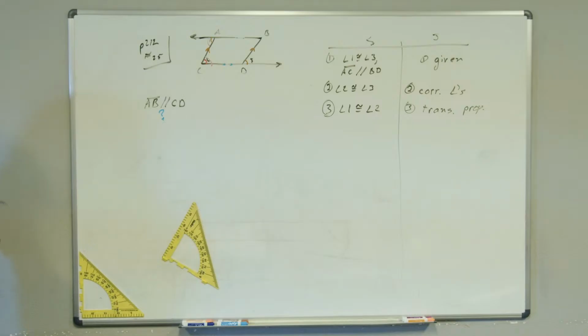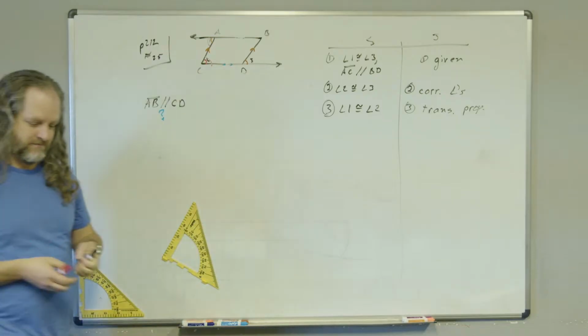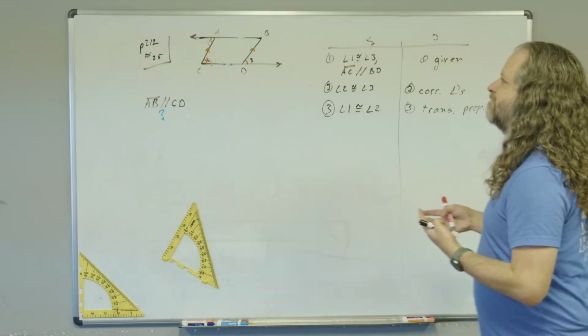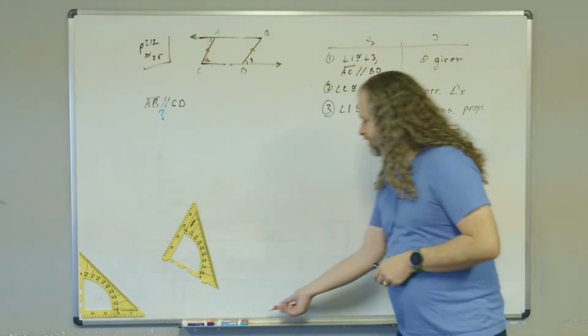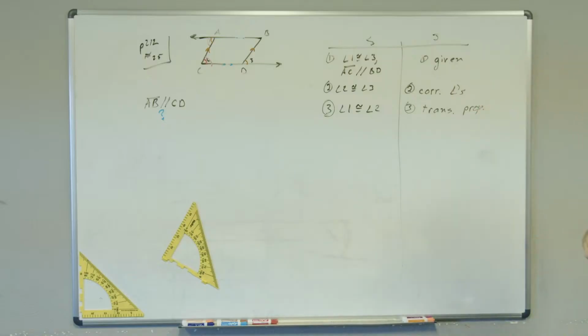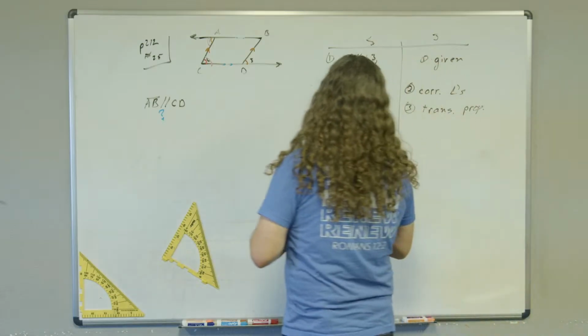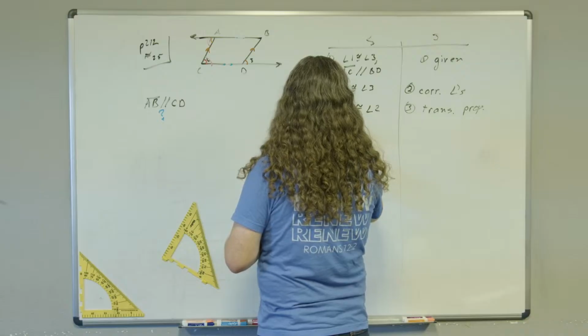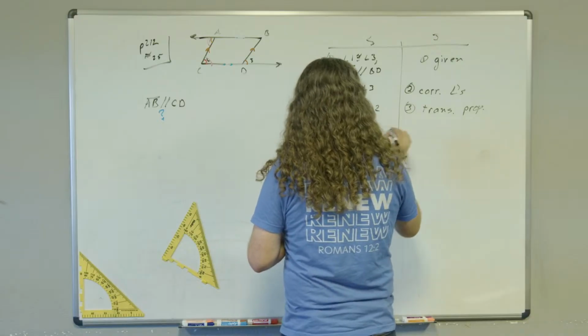That's great. Now what can we say? We're pretty much done. But why are we done? We got one more line to write. Not congruent, parallel. It is, but why? Because some specific ones are congruent.